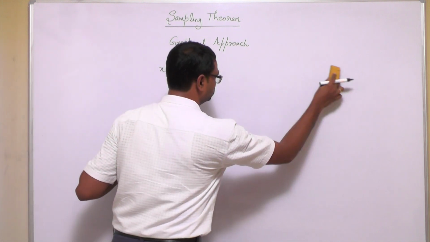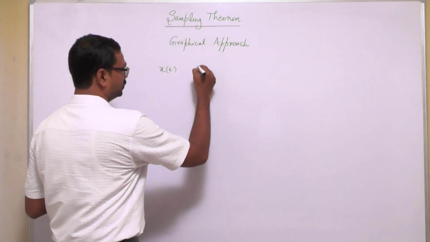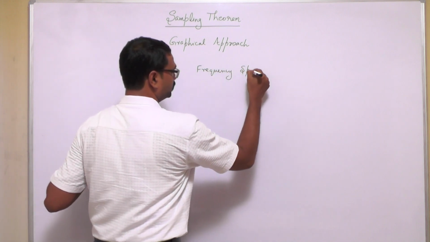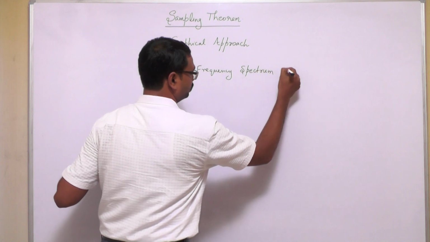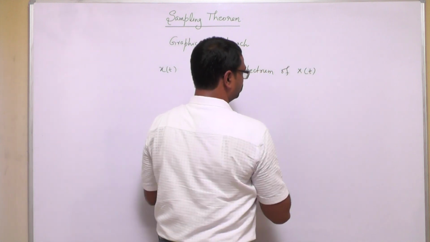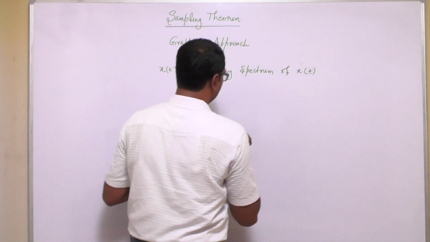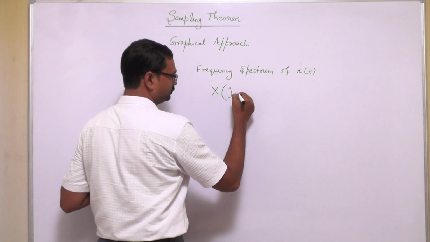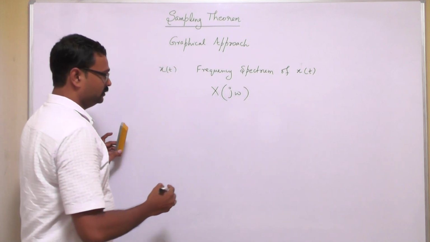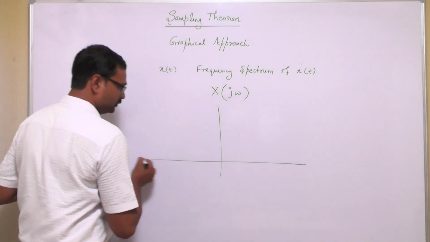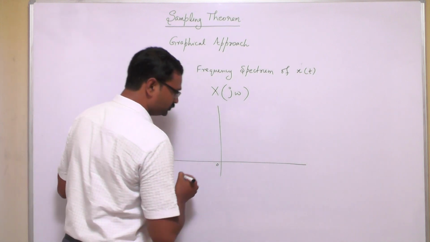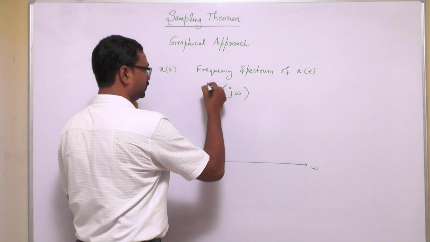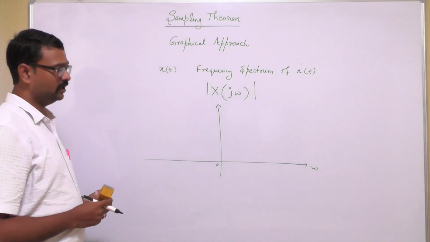So when you are considering x of t, we will see what the frequency spectrum of x of t is. Let me say the frequency spectrum of x of t is given as x of j omega, with the modulus of x of j omega as the y-axis.